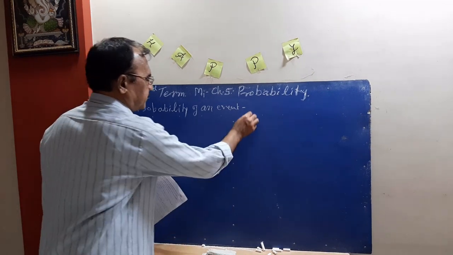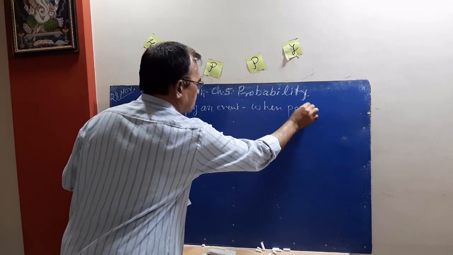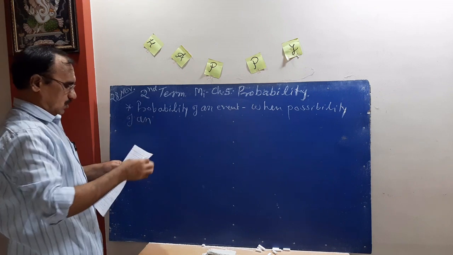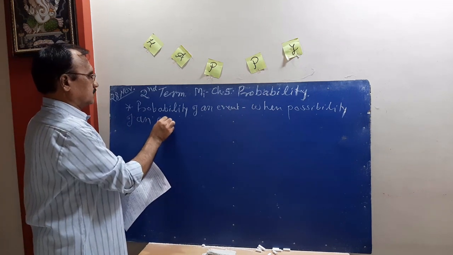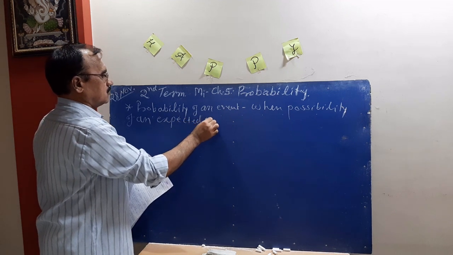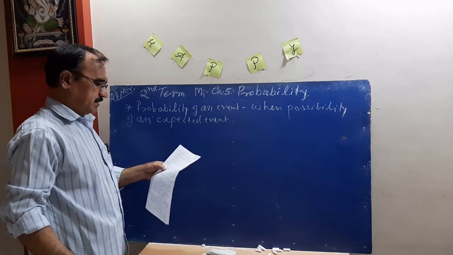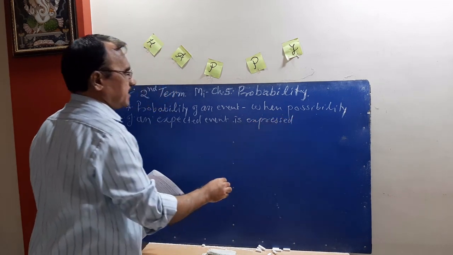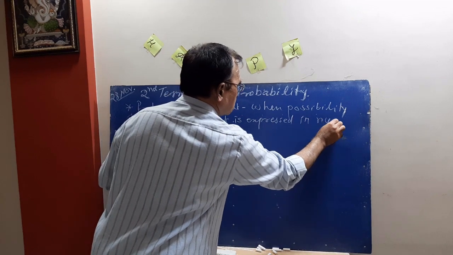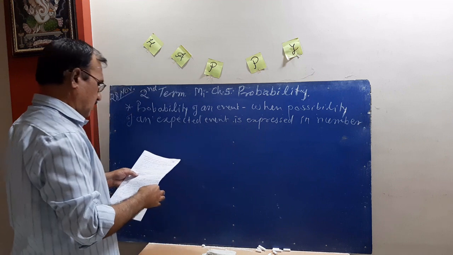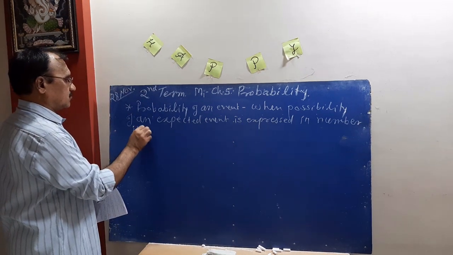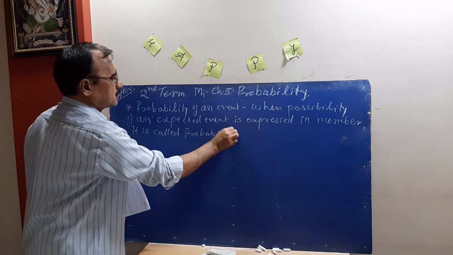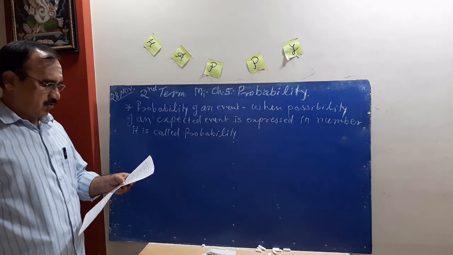When the possibility of an expected event is expressed in a number, it is called probability. This is the very simple meaning of probability.